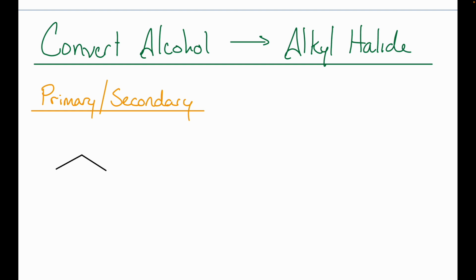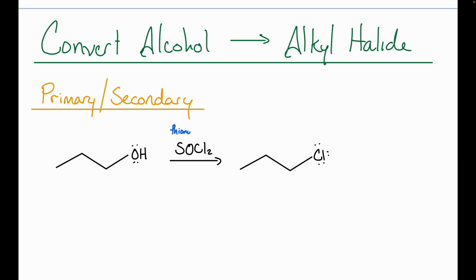All right, so if we have a primary alcohol and we want to create an alkyl halide, specifically an alkyl chloride, we're going to use a reagent that we're going to see a few times throughout the semester, SOCl2, what's called thionyl chloride.